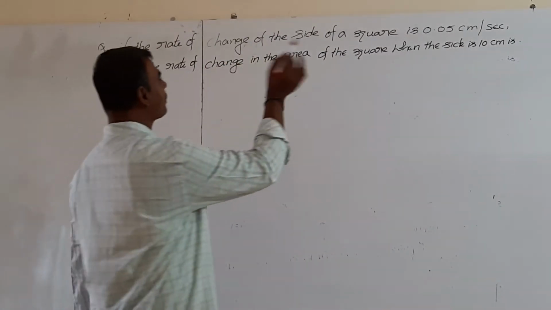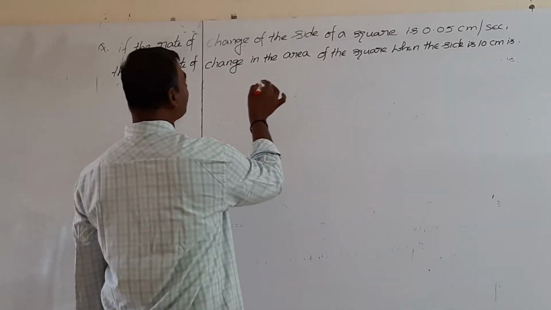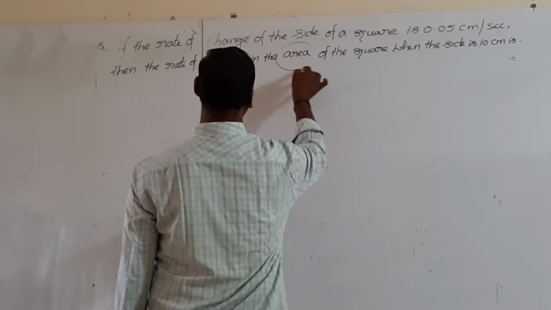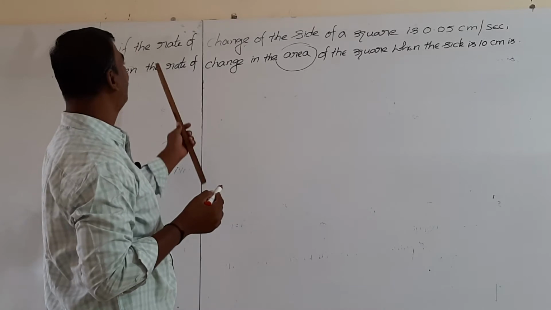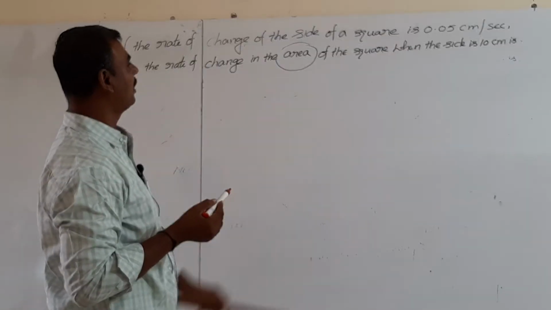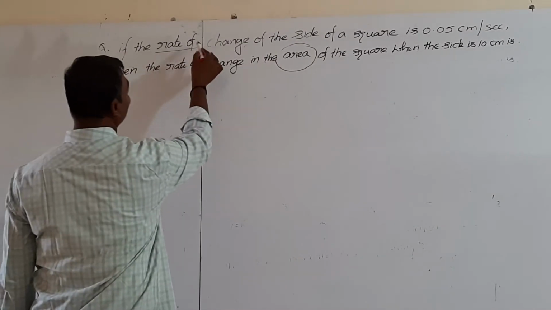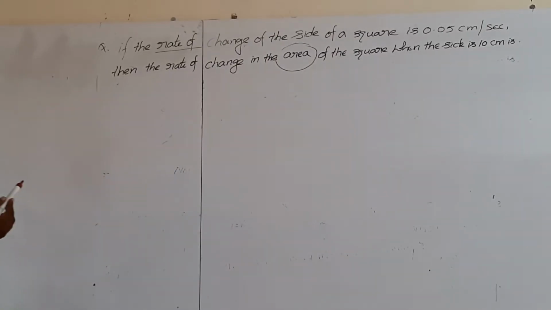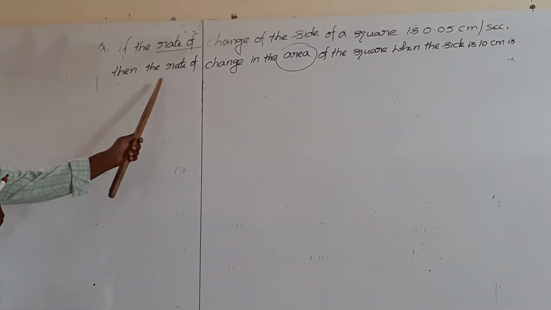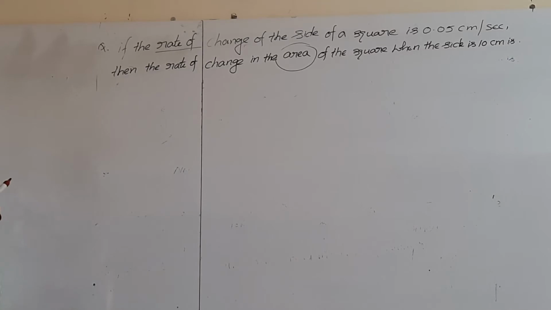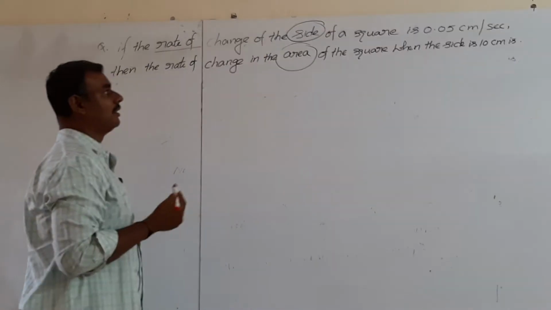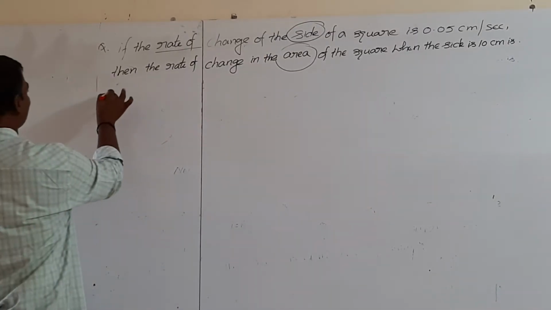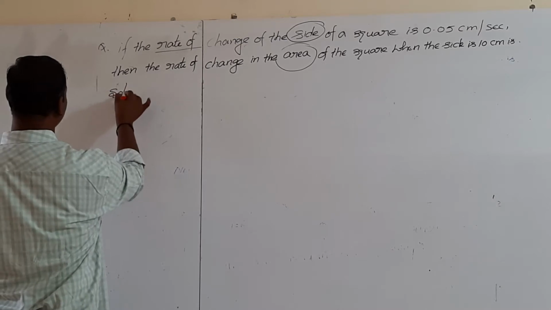The subject is a square. One variable is area, and the next variable is time, since the rate of change is given. With respect to time, we have to find the rate of change in area. Side of a square is also given. So what to do here?